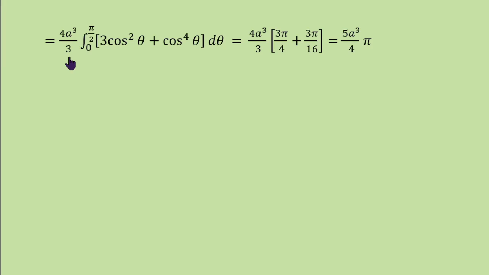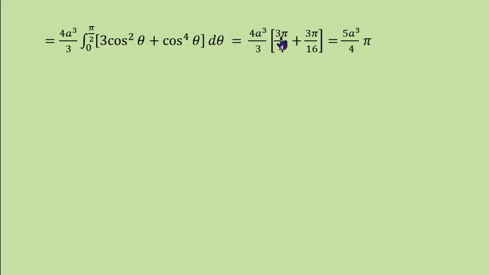Here 4 a cube by 3 is taken outside. Cos square theta means 1 by 2 into pi by 2, so pi by 4, into 3, so 3 pi by 4. Cos power 4 theta means 3 by 4 into 1 by 2 into pi by 2, therefore 3 pi by 16.